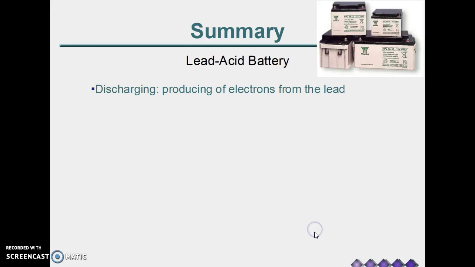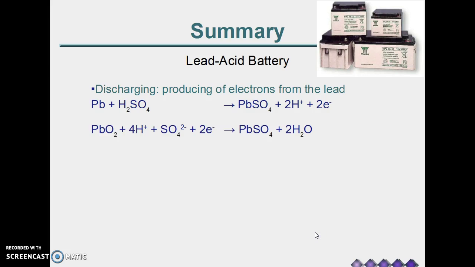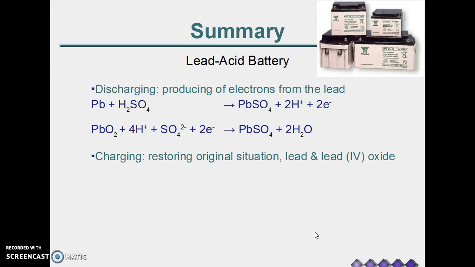In summary, discharging involves producing electrons from the lead. Here is the balanced half reaction. And discharging, of course, also involves reducing the lead 4 oxide to lead 2 sulfate.